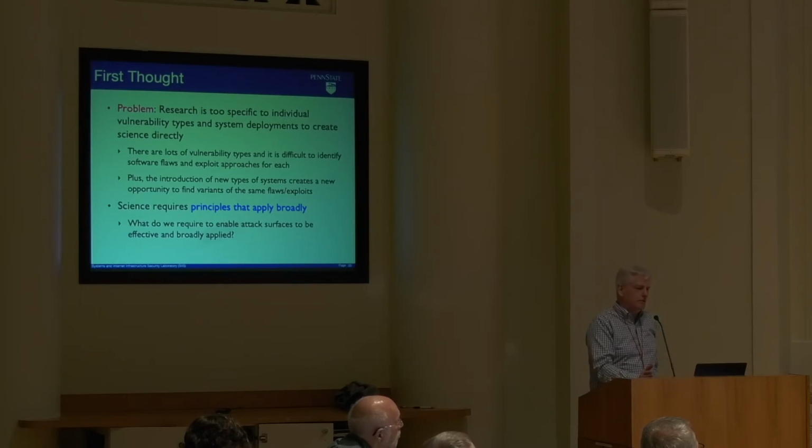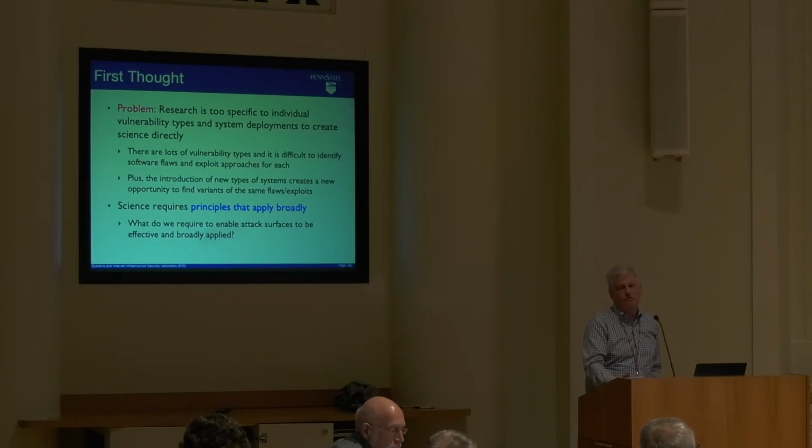So the challenge is that our research is specific to these vulnerability types, and even then the vulnerability types recur in different system deployments, where we might think, oh yeah, that vulnerability has already happened. Someone deploys a new type of system, but we often see the same kinds of vulnerabilities emerging. So how might we deal with those?